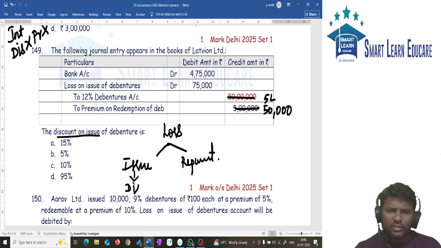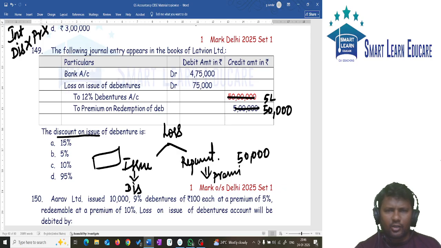When you issue at a discount we have a loss on issue. When you repay at a premium we will be having a loss on repayment. The premium loss is mentioned in the question as 50,000. So arrive at the issue loss as the balancing figure. Total loss is 75,000, of which the repayment loss is 50,000. So the issue loss is 25,000.